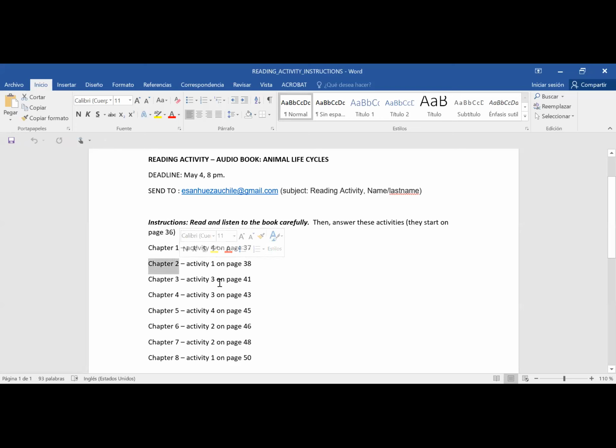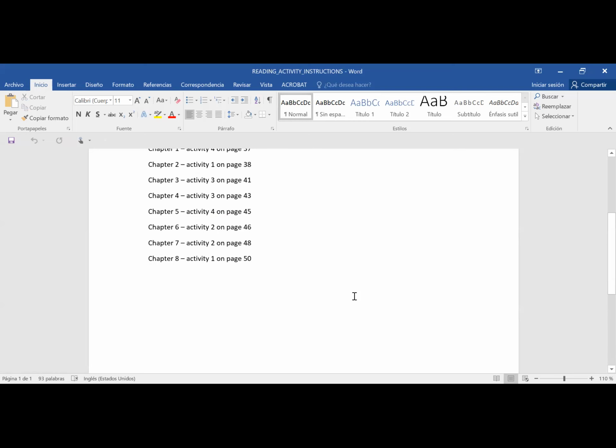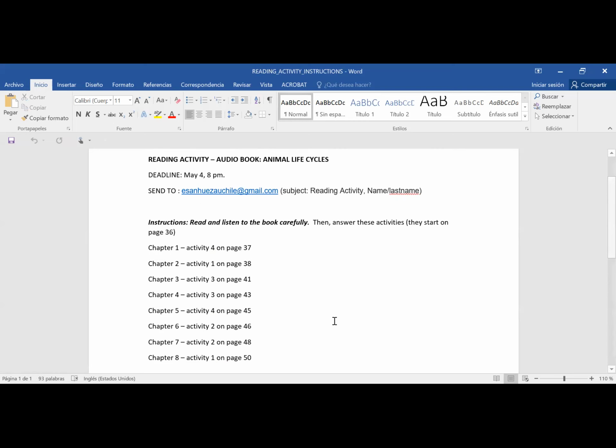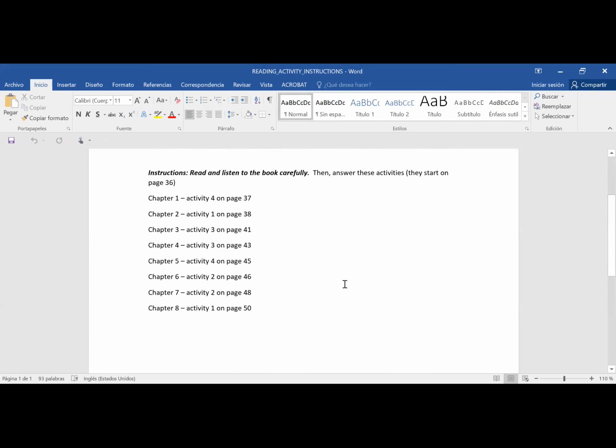For chapter 2, activity 1. Aquí les voy indicando el número de la actividad por capítulo. Es solamente una por capítulo. En total son 8 actividades. And that's all. Pero insisto, very important. You have to read and listen to the book. Please.